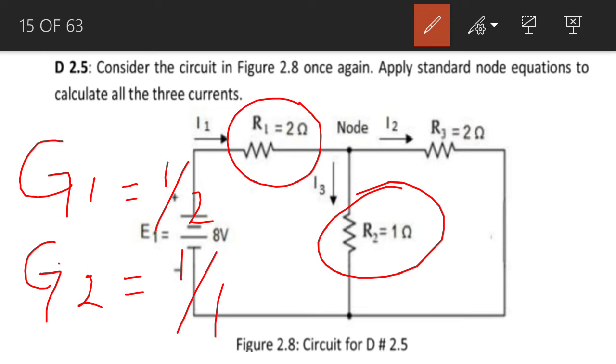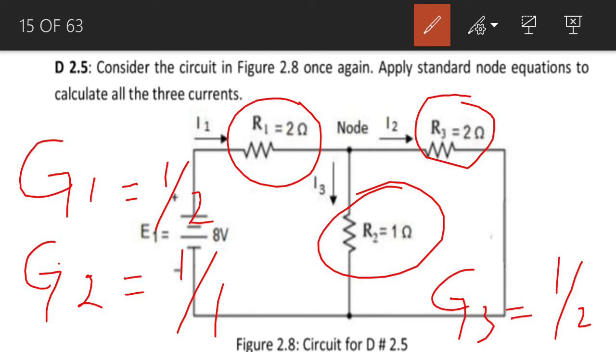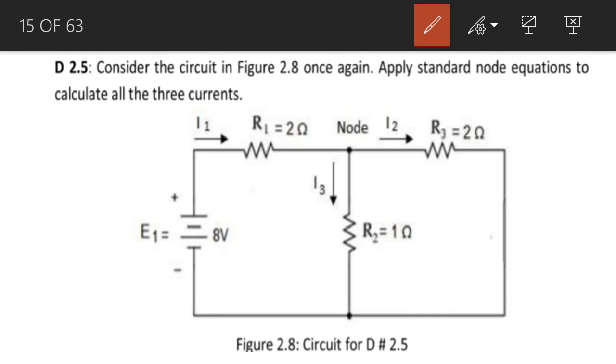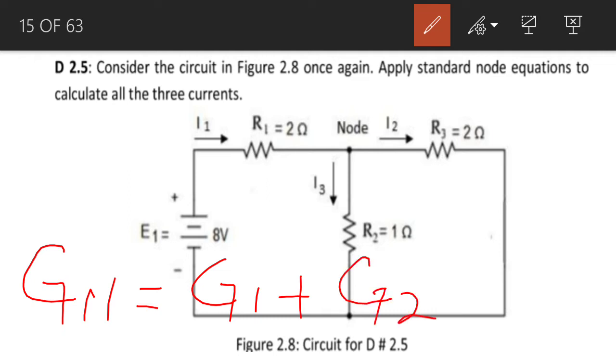We compute the conductance of R3, which is represented by G3, and it will also be equal to 1 by 2. So G11 represents the sum of all the conductances which have been connected to junction number 1, the single junction of the given circuit. So G11 is equal to G1 plus G2 plus G3.